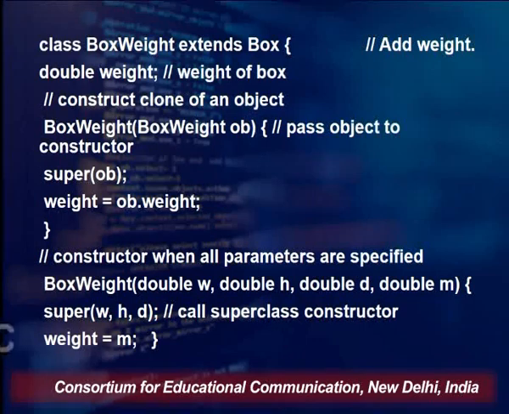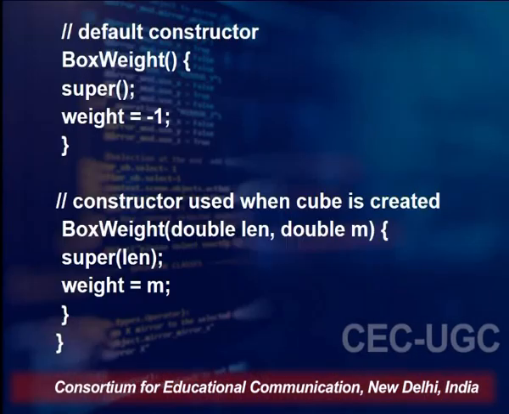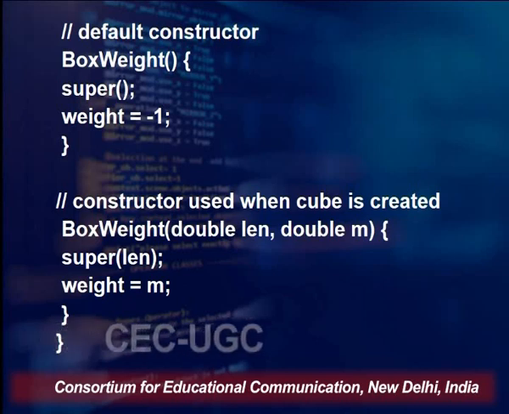Then the constructor in which all the parameters are specified, the super is going to take the 3 parameters W, H and D, while the other parameter, which is M, is copied inside the variable weight. Then we have the default constructor, the uninitialized constructor. We have used super, and weight equals -1.